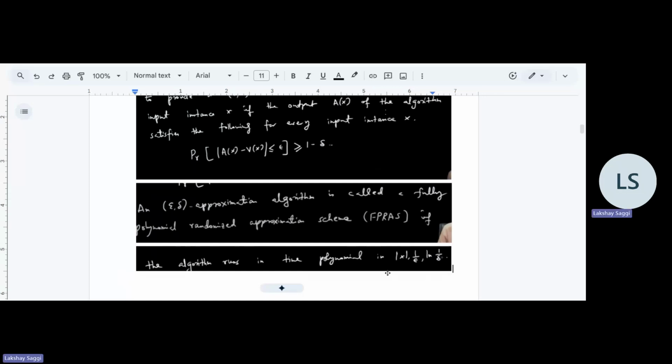So maybe let's parse this again. Why is it polynomial in x but inversely related to epsilon and delta? This is because as the input instance size grows, it's natural to assume that the runtime of the algorithm will also increase. But if it increases polynomially with respect to input size, then it's fine for us in this FPRAS approximation scheme.